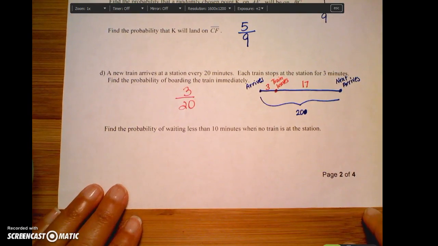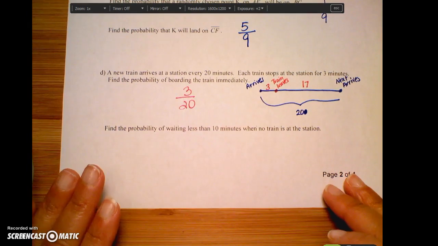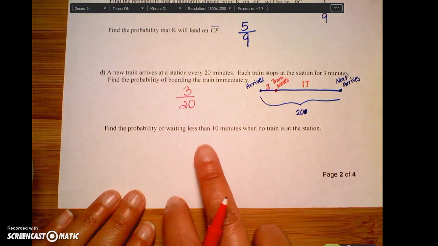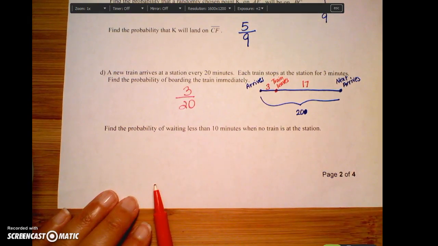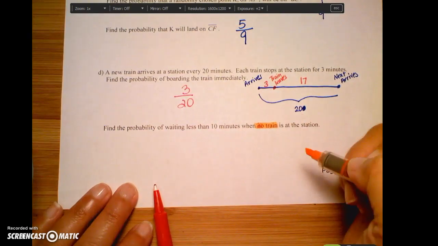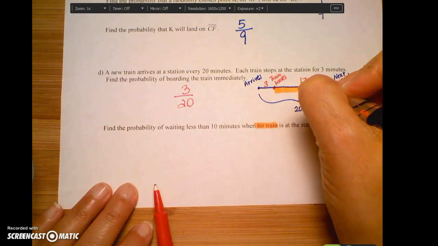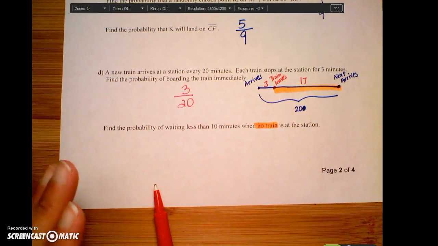Okay, so the next problem is a little different. You come downstairs now, and there's no train there. What's the probability of you waiting less than 10 minutes? So if we came downstairs when there's no train, that means we must be in this 17-minute spell when the train is not there.